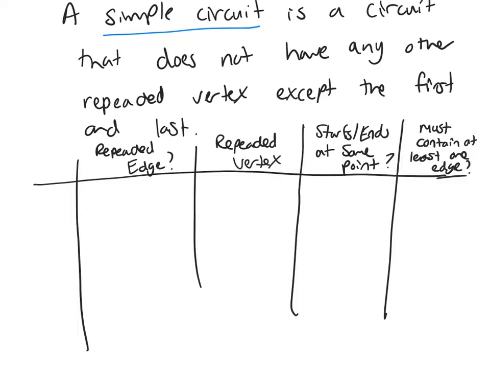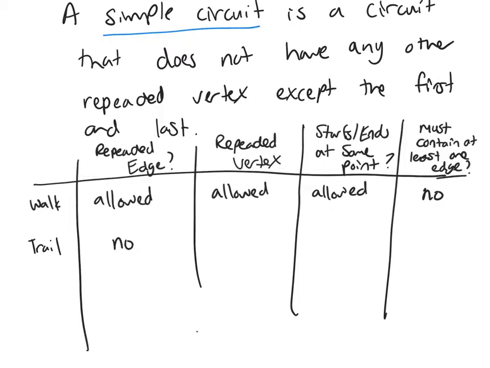So let's start with a walk. For a walk, a repeated edge is allowed. A repeated vertex is allowed. It can start and end at the same place. It doesn't have to. And it doesn't have to contain at least one edge. A trail is not allowed to have a repeated edge.